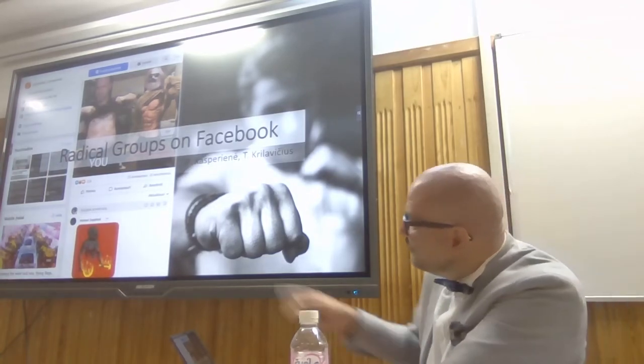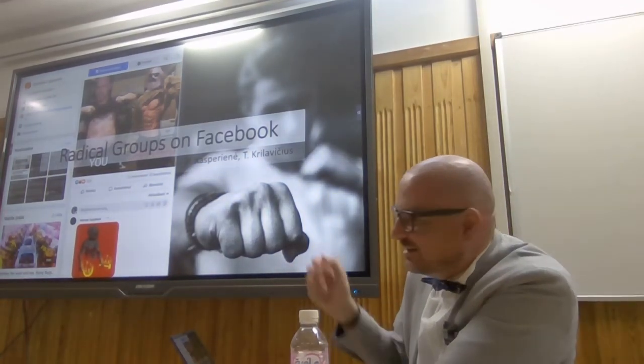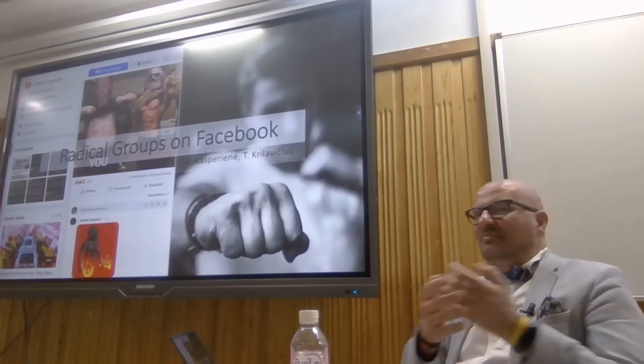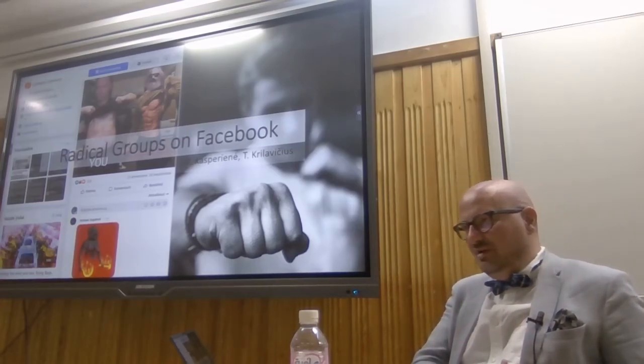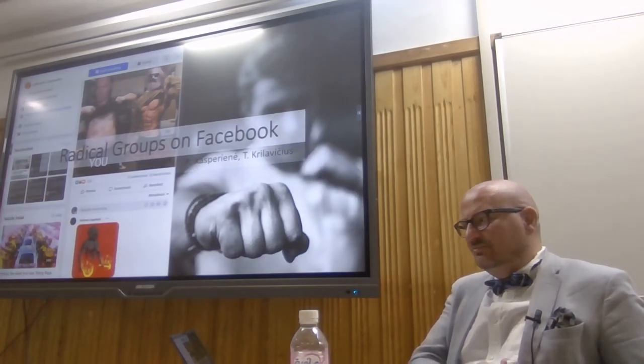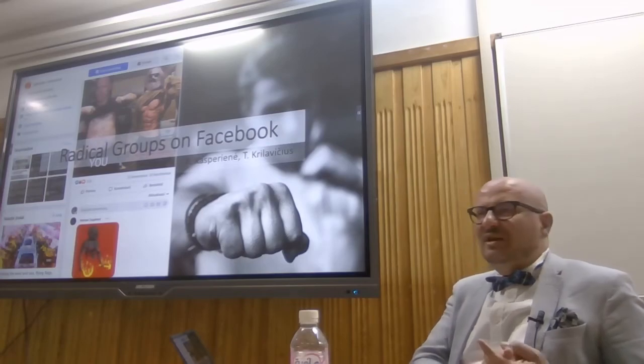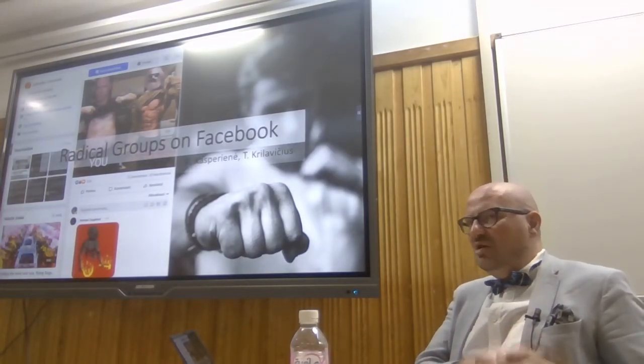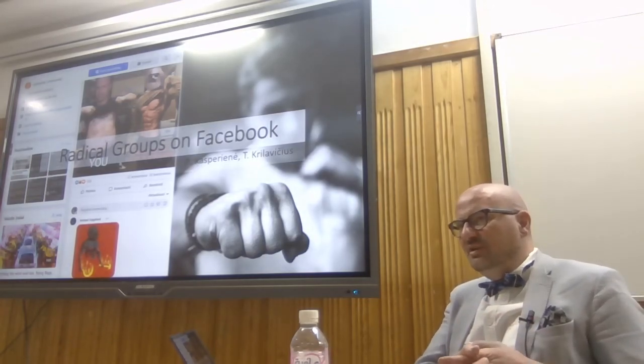And we have these pictures of Karl Marx, some strange things. But for example, they are against foreigners in Lithuania. So we were happy to be able to do that research before Facebook closed access to the data. Nowadays, you wouldn't be able to download this data for analysis.